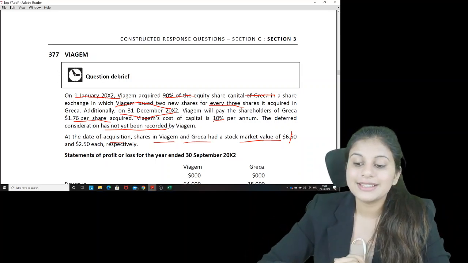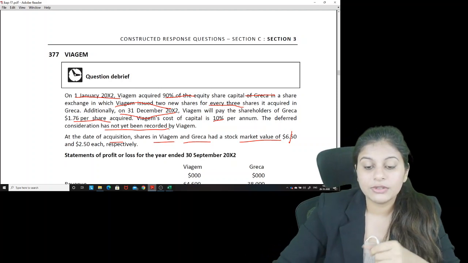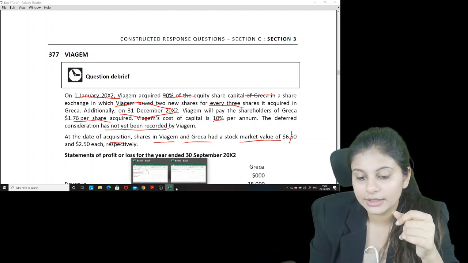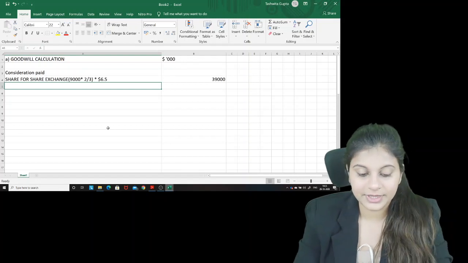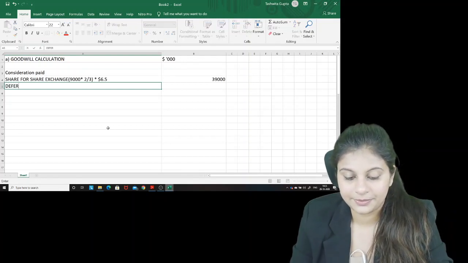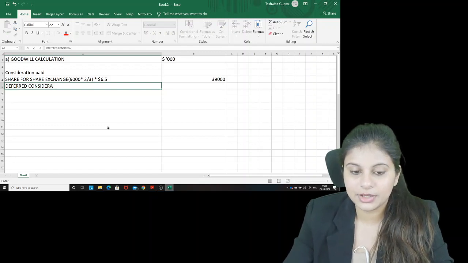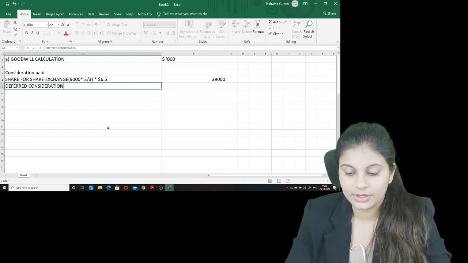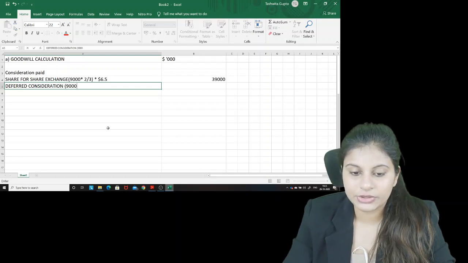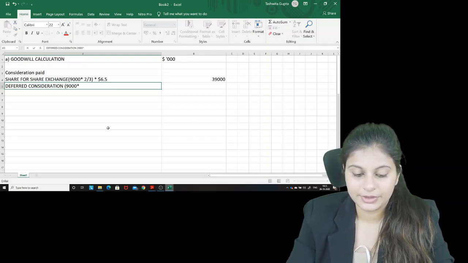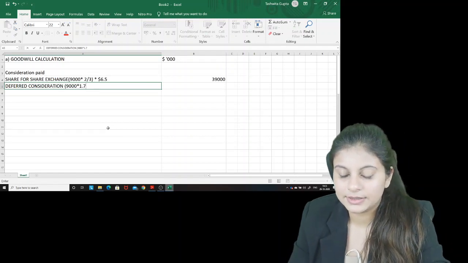So in this case, what is the present value? You will calculate it. You'll say how many shares we are buying. Deferred consideration calculation would be 9,000 into this 1.76.